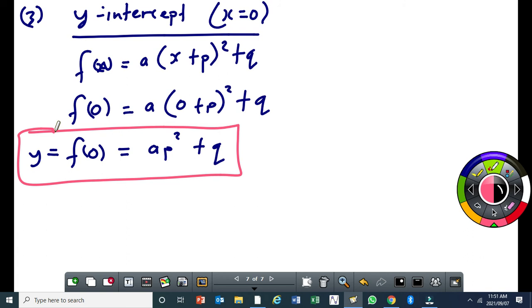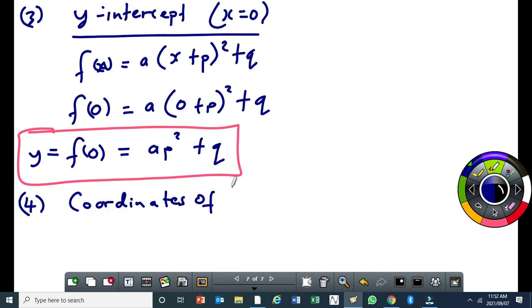Okay, the coordinates of the turning point. Right? Number 4 is the turning point. Or rather, I'd say coordinates of the turning point.